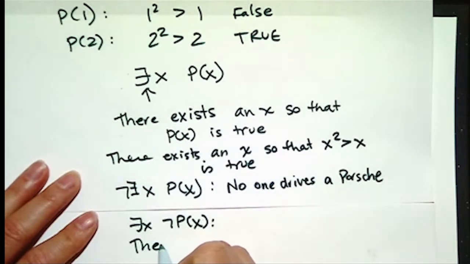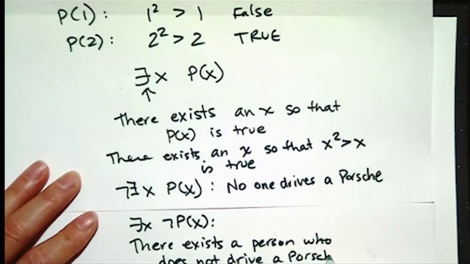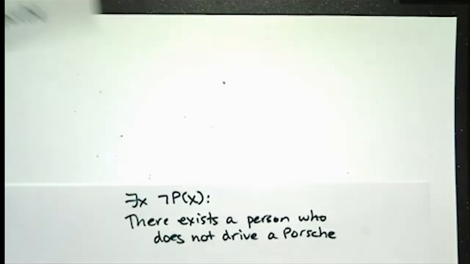Well, let's write it in math. There exists a person who does not drive a Porsche. Okay, that's weird. And that would only be on Big Bang Theory, right?